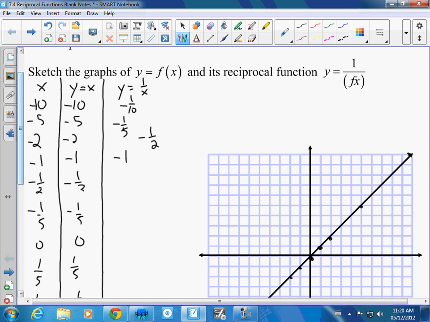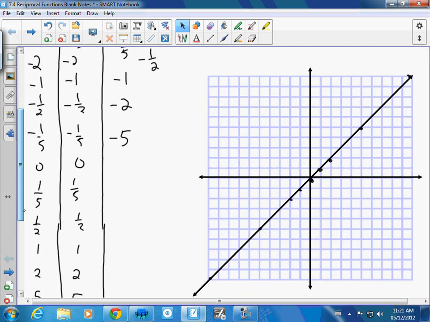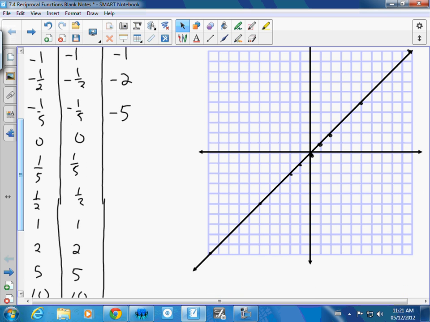Now you'll see in a sec why I put in negative a half here. Negative a half, you flip it, becomes negative 2. Negative 1/5 flips, negative 5. Zero flips.